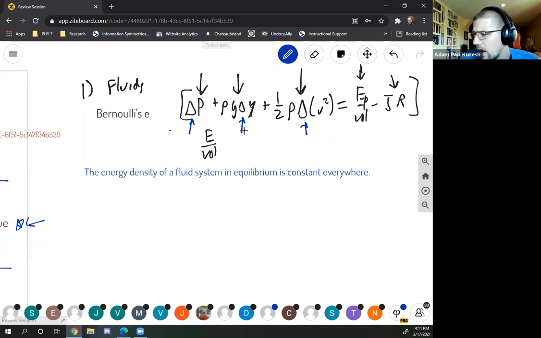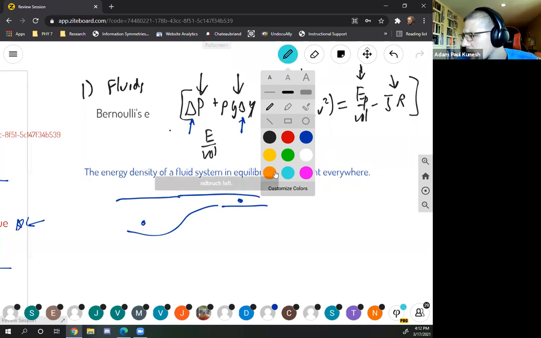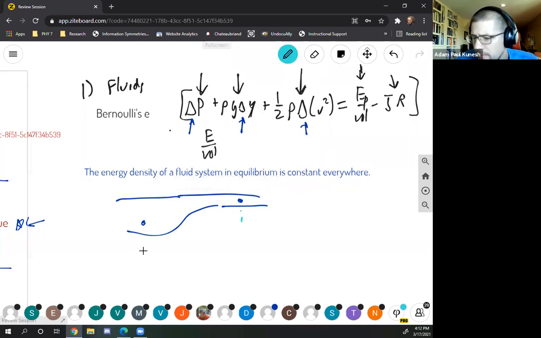What that means is, if I've got a fluid system, whatever, kind of whale-shaped, and I want to consider two points in it, say that the flow is going this way, both of these points have the exact same energy density.